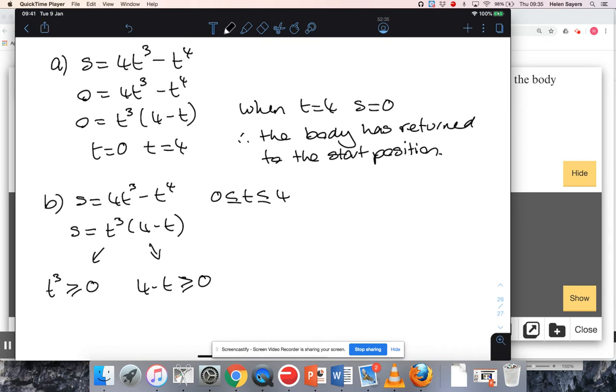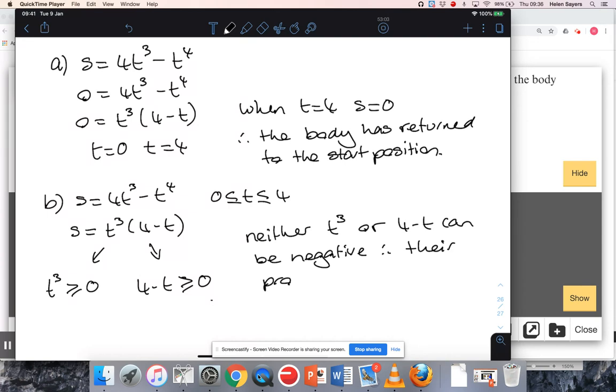So I think, well, I've already clearly shown that they can't be negative. So I just put neither t cubed or 4 minus t can be negative, therefore their product.